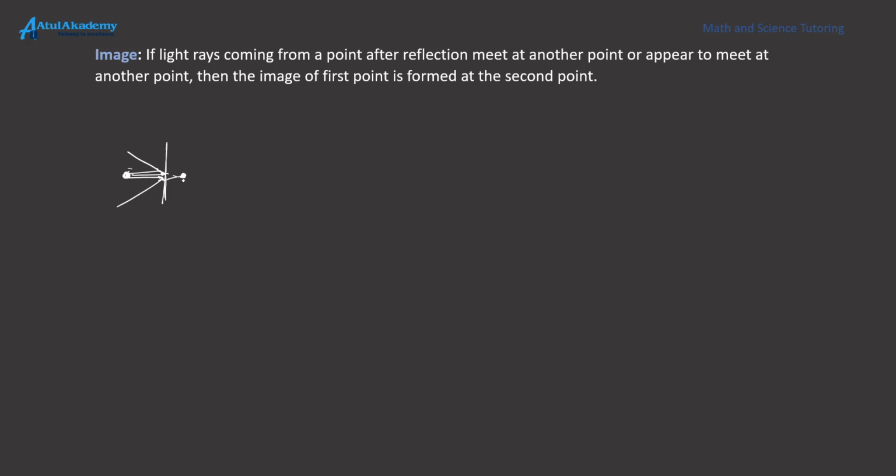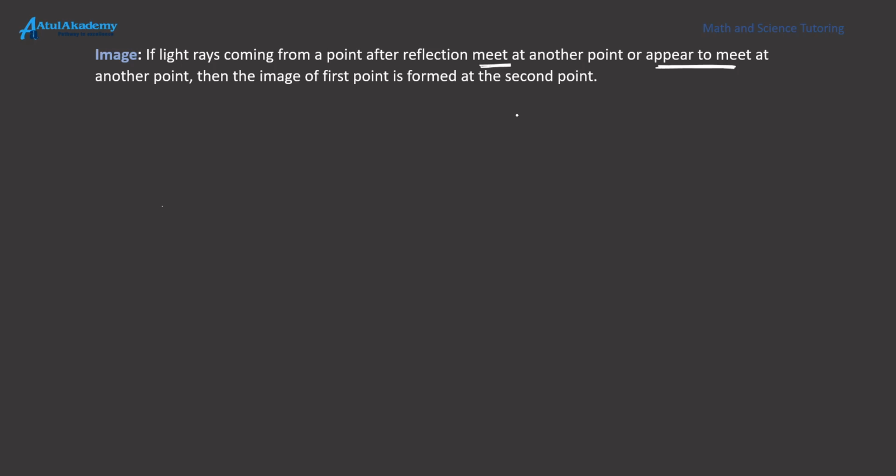At this point, the image will be formed, behind the mirror if you see. So an image is always formed when the rays after reflection meet or appear to meet. This is an important point to be noted down.